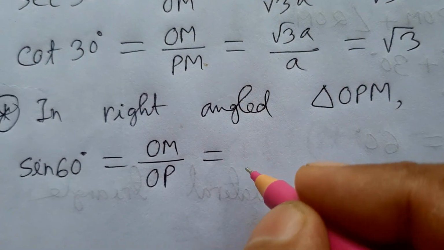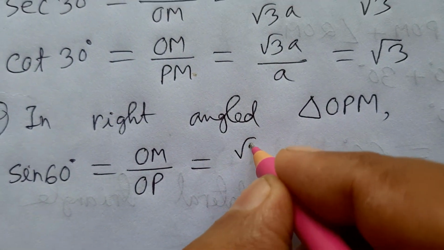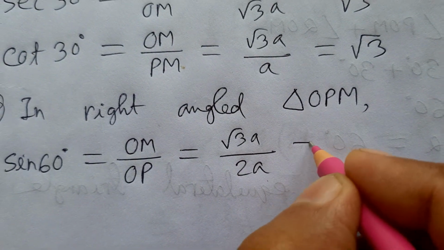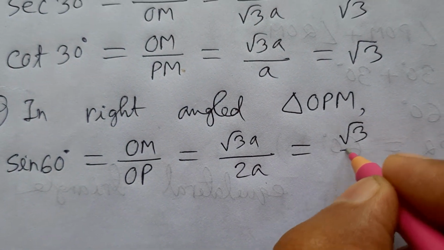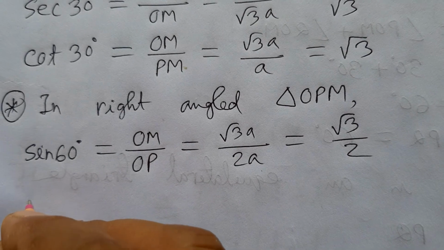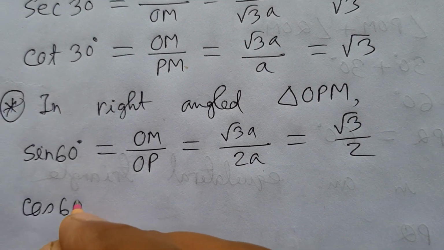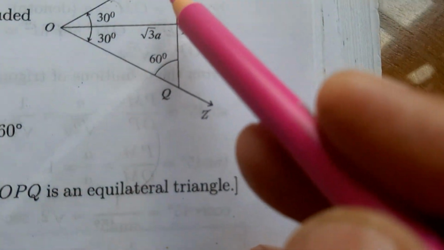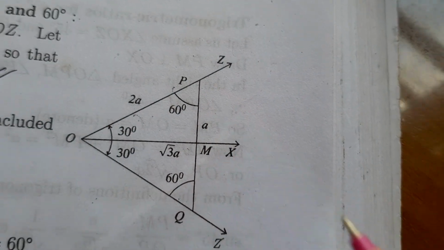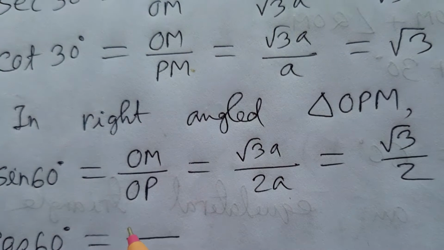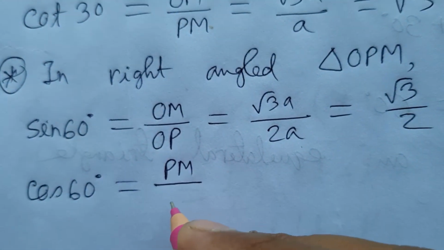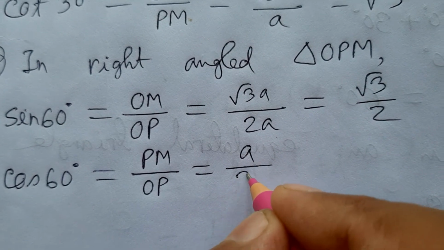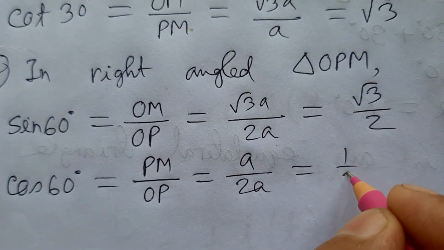The value of OM is root 3A, and OP is 2A. So finally we get root 3 by 2. Now cos 60 degrees is equal to base by hypotenuse. Here the base is PM, so the formula is PM by OP. PM means A by 2A, which is equal to half.